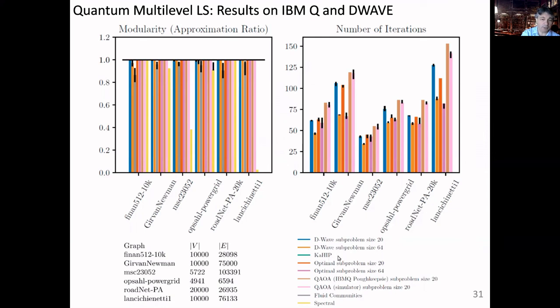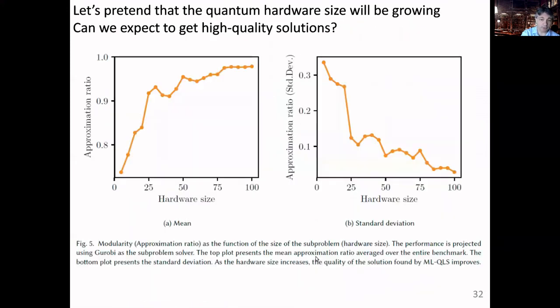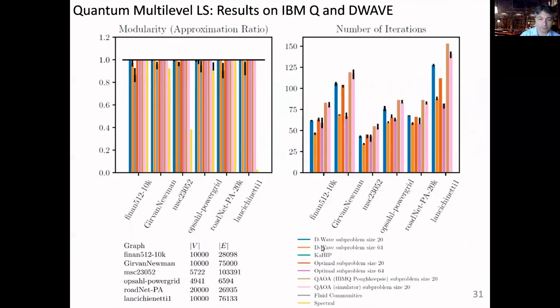We've tried to apply KaHIP, which is one of the best classical multi-level solvers for graph partitioning. In fact, we used its coarsening strategy. We compared with the classical optimization solvers for subproblems of size 20 and 64, and we used QAOA to solve the subproblem of size 20.